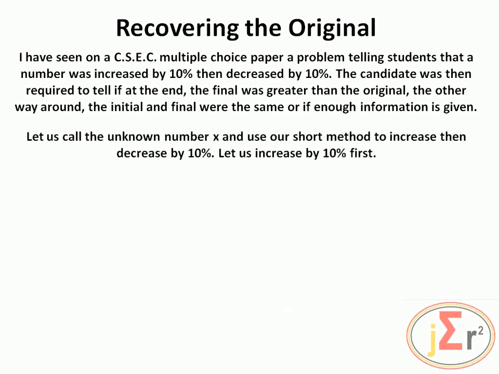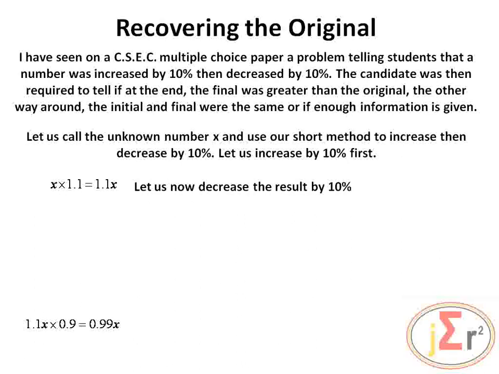Let us call the unknown number x and use our short method to increase, then decrease by 10%. So let us increase by 10% first, which is 110%, which is 110 divided by 100, 1.1. So let us multiply x by 1.1. We get 1.1x. So let us now decrease the result by 10%.